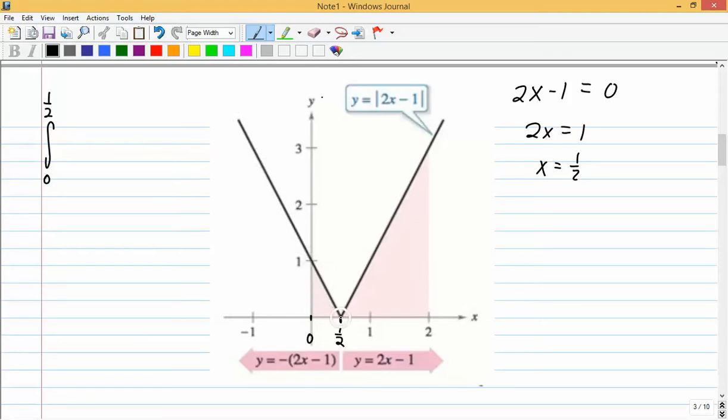This was the one that was negative. So it's the negative of 2x minus 1 dx, plus I'm going to have to integrate this function, this line, from 1/2 to 2.